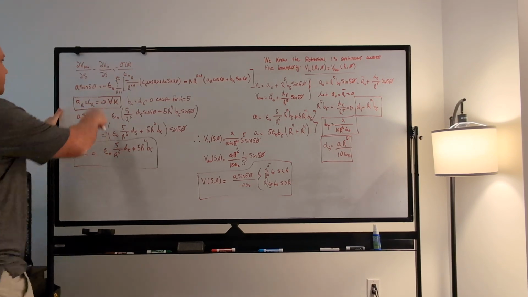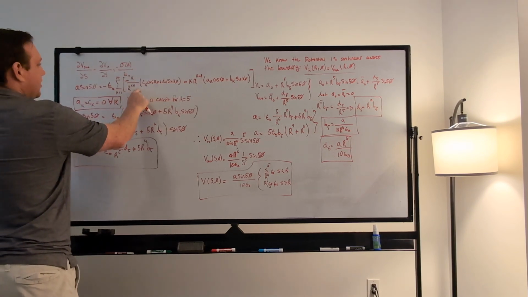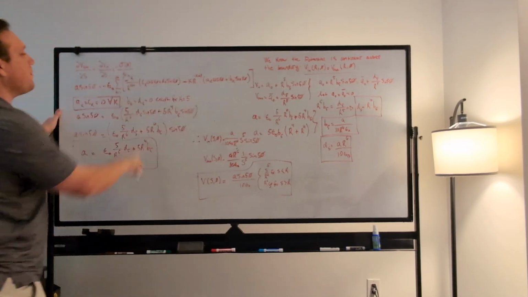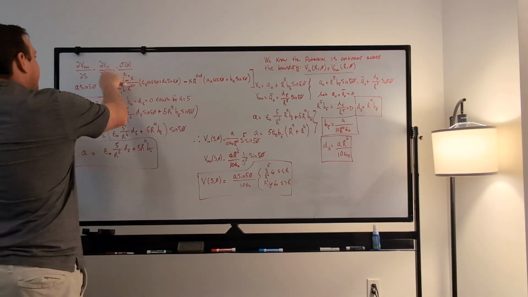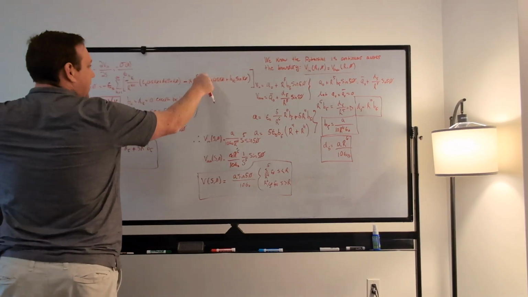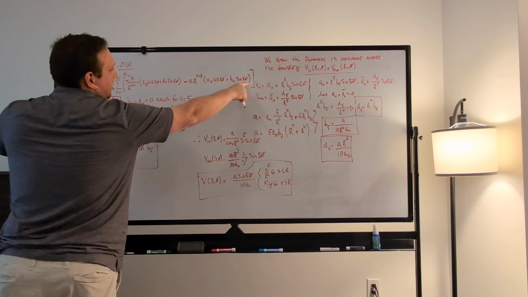If you plug in this derivative, it was minus k divided by r to the k plus 1 times c sub k cosine k phi plus d sub k sin k phi. And then we have minus the other derivative, so minus k r to the k minus 1 times a sub k cosine k phi plus b sub k sin k phi.